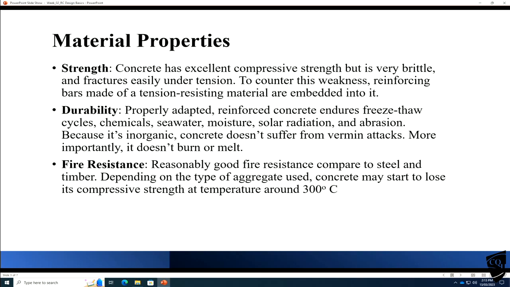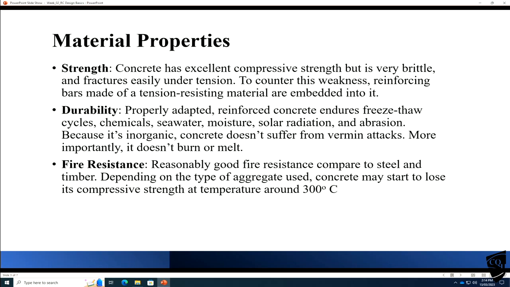So durability. Generally concrete has good durability. It isn't affected much by corrosion or other things, but there are some issues with improper placements, which cause internal cracks and voids.